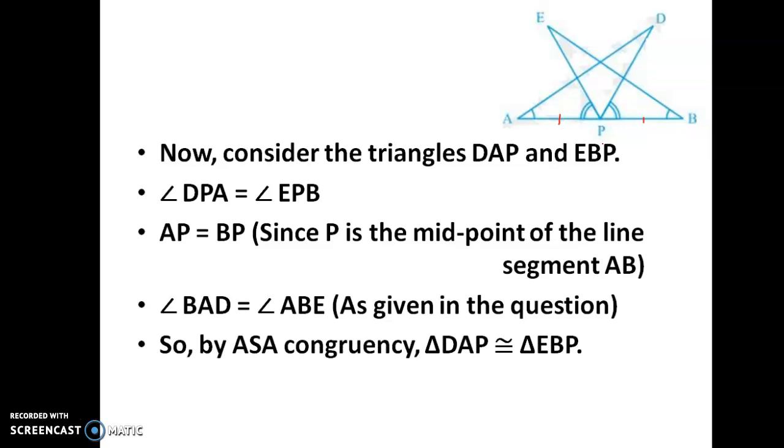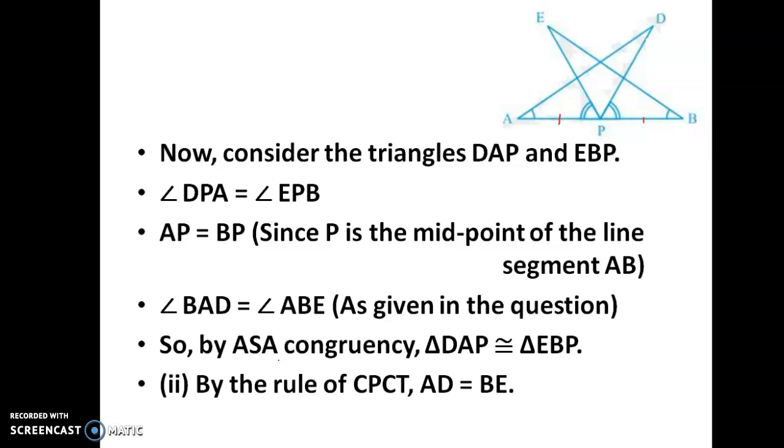So we have an angle, a side and an angle, the ASA congruency rule: two angles and the side in between. So by ASA congruency, these two triangles are congruent.